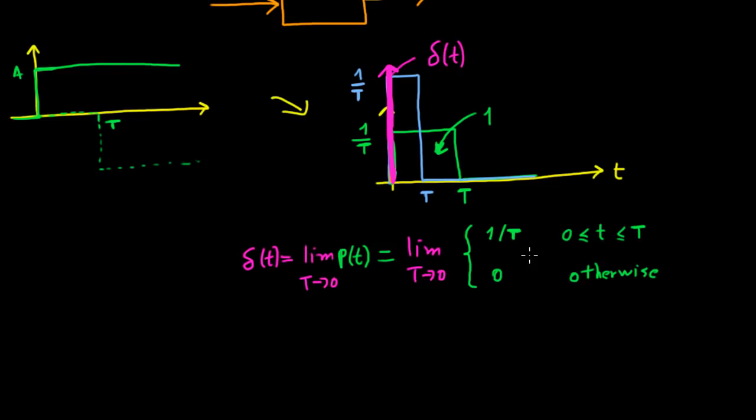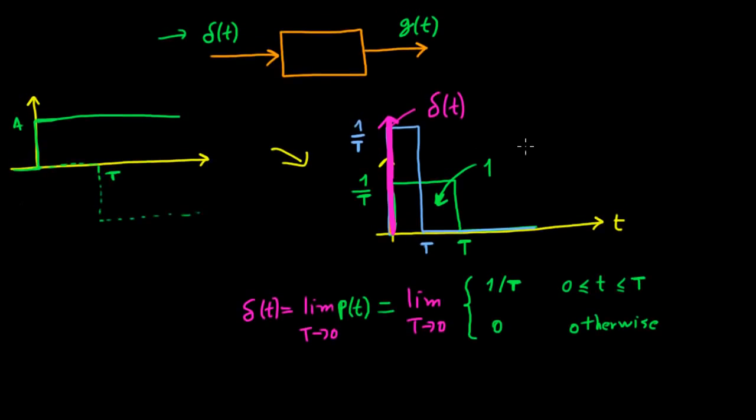Now, if we somehow are capable of introducing this function to the system, when all initial conditions are 0, and we're capable of registering the output, whatever output we get, let's say this is the output, then this output is all the information we need to know the response of the same system to any other input.